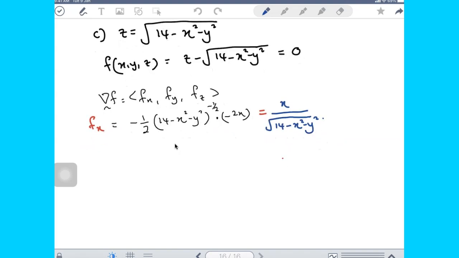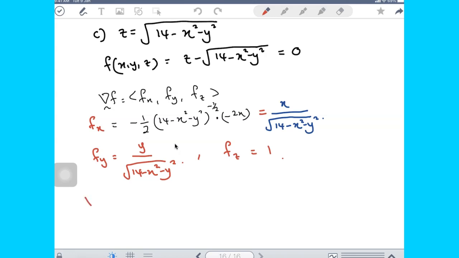Okay, and I'm sure for fy we will also get the same, but this one becomes y over square root of 14 minus x squared minus y squared. And then for fz we only get 1.